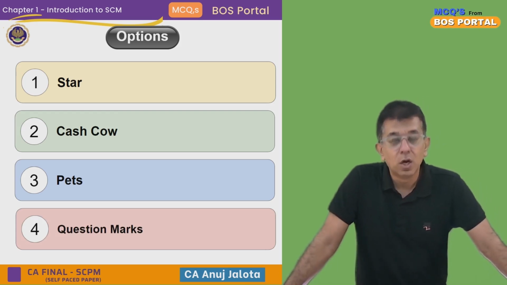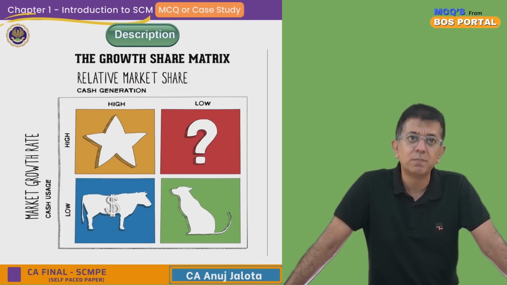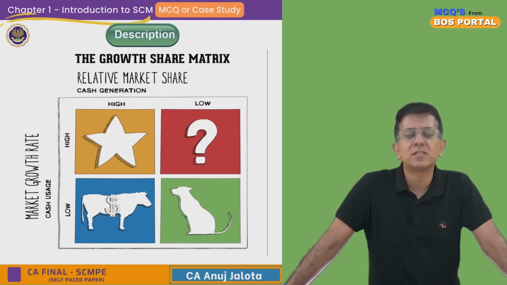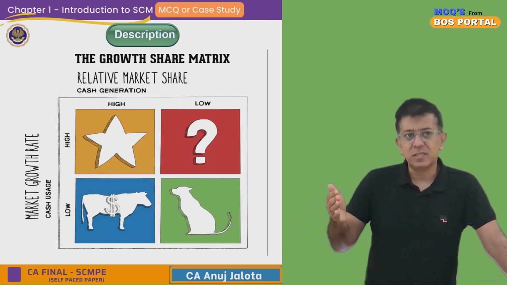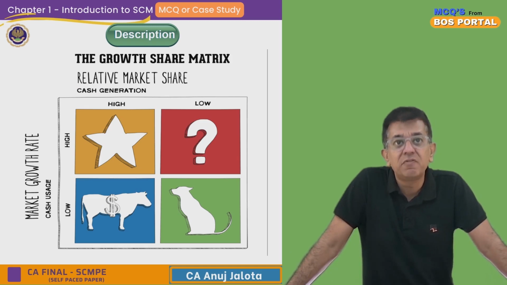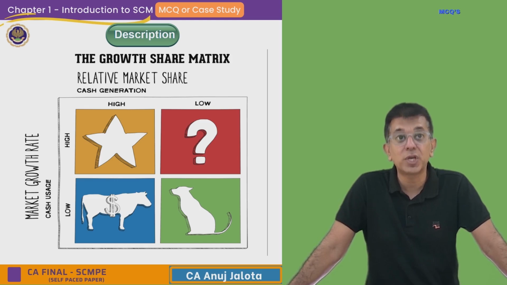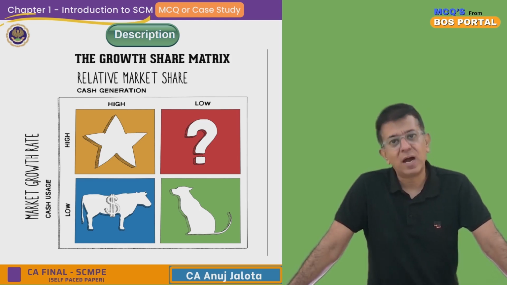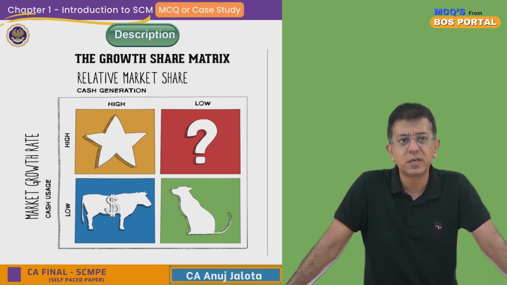Before I disclose the answer, you should know what the BCG matrix is. The BCG matrix tries to classify all products into 4 parts. On the x-axis we have relative market share, which can be high or low, depending on whether your product has a high market share or not.